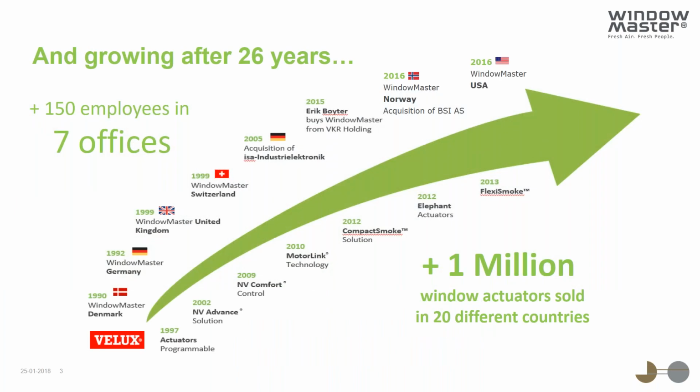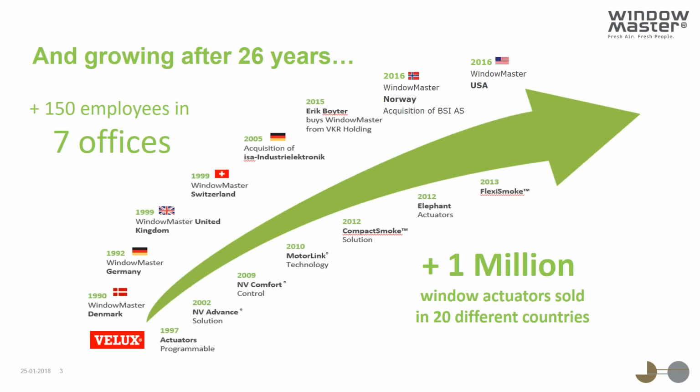Quick about Window Master. We began as a part of the skylight manufacturer Velux, if you know them. They wanted a way to have automatic control of the skylights. Later on, we started also supplying other window manufacturers.